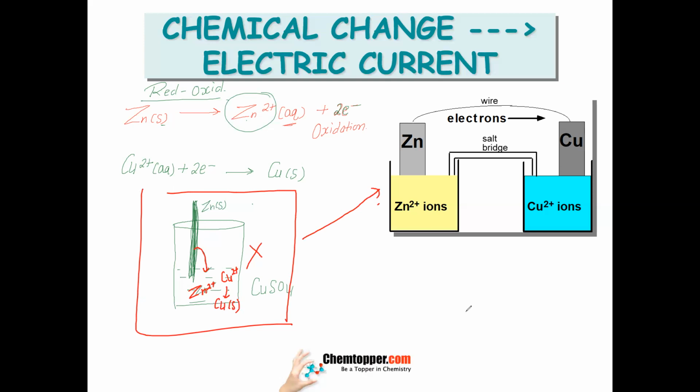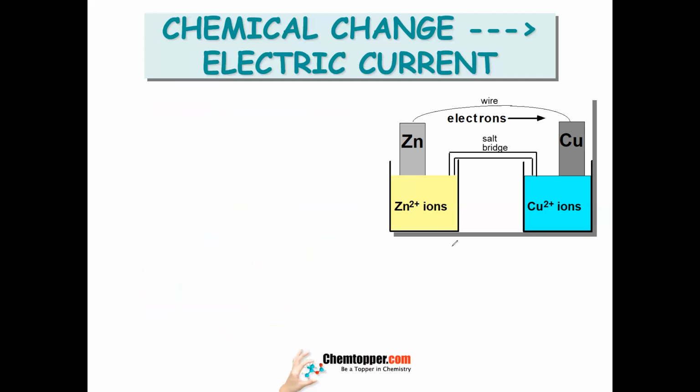to generate electricity. It's a galvanic cell, children. How are they doing it? They have two compartments. So understand this now: how to generate electricity from a redox reaction. They have two compartments. In one compartment, they have placed zinc metal. These are called solid metals.